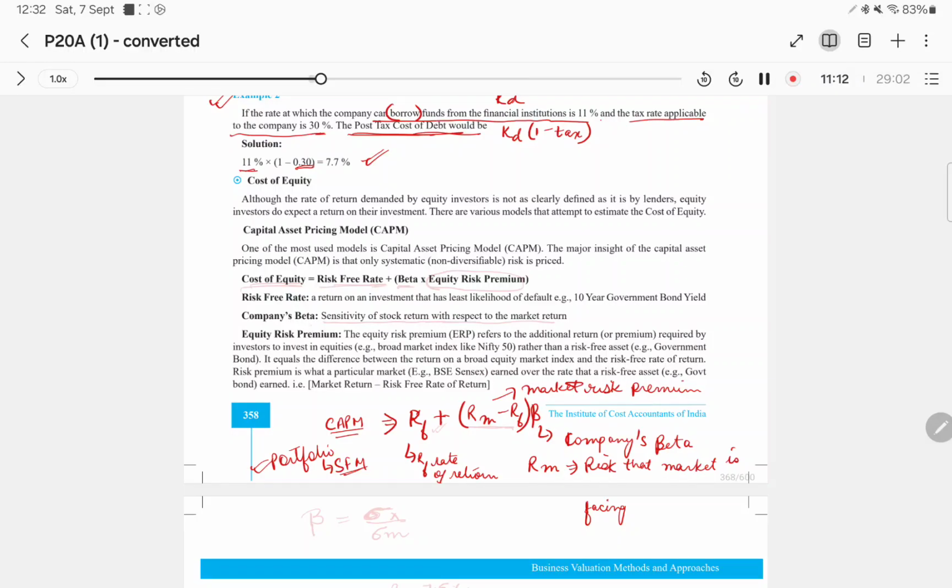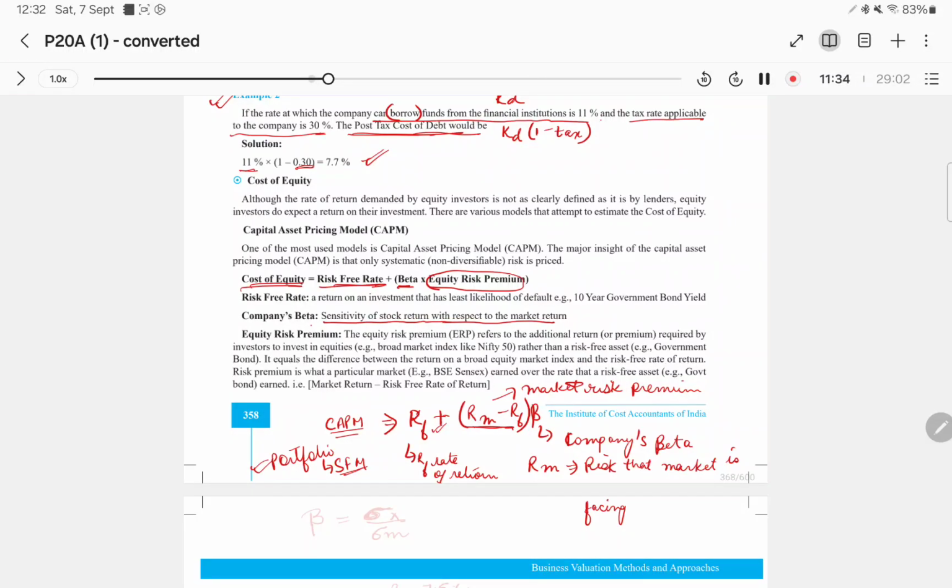So let's go through what is given in the book. Cost of equity is the risk-free rate, that is RF, plus beta into equity risk premium. What is equity risk premium? RM minus RF. RF is the risk-free rate, beta is the company's beta, the sensitivity of stock return with that of market return.